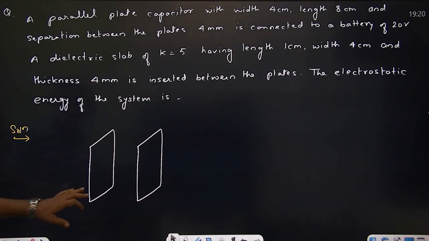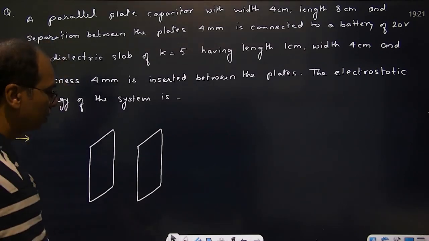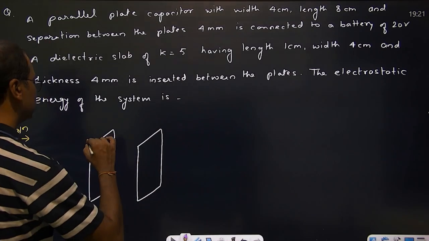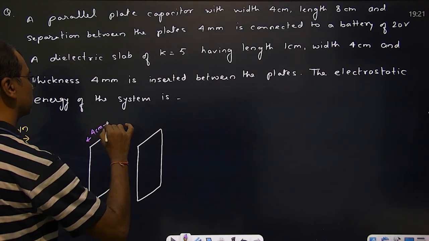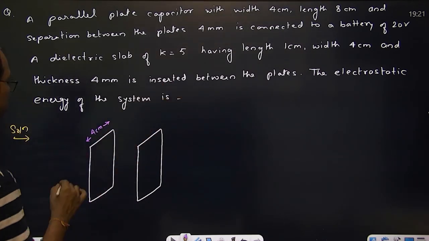Now it is given that its width is 4 centimeter. What is width? Width is here. This is 4 centimeter. Then length is 8. This is length.